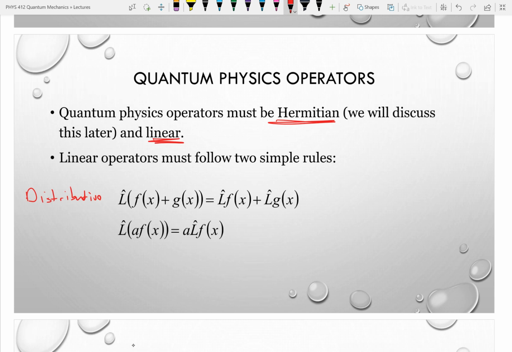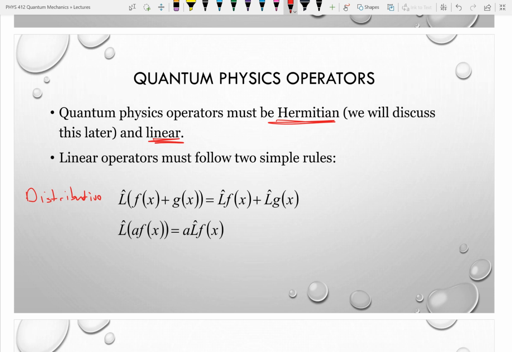But the first rule is if I have an operator acting on two functions, that is, the operator L here is operating on function f plus function g, that has to be equal to the operator acting on function f plus the operator acting on function g, which is a property that multiplication has, right? So we tend to think of that as a universal thing, but it doesn't have to be.